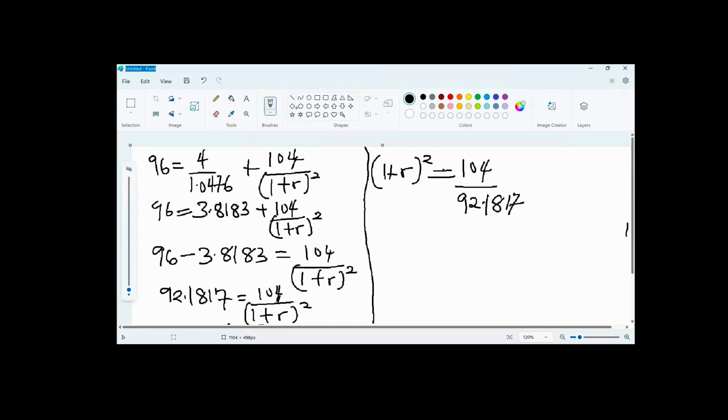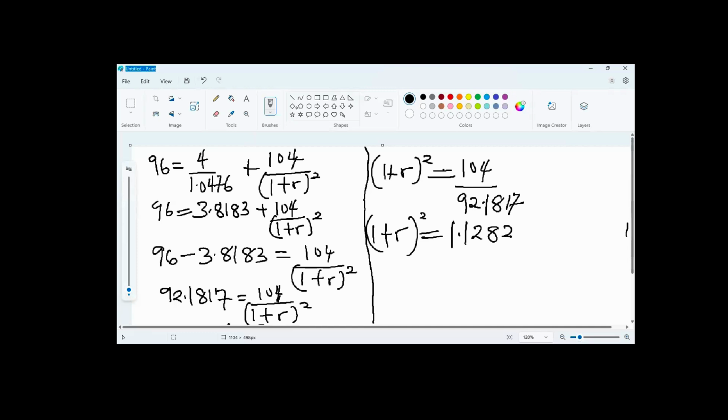Please divide 104 by 92.1817. That is 1.1282. So 1 plus r raised to power 2 is equal to 1.1282.